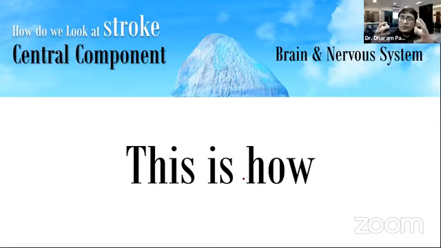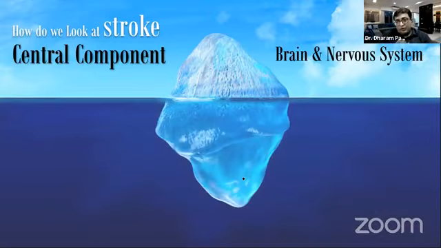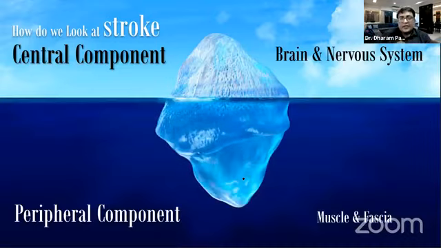Yes, of course, it is right that stroke causes damage to your brain, and it is called a brain stroke. But that is the central component. We are always talking about the central component, but actually the problem lies beyond that. There are muscle, fascia, soft tissue, and the peripheral component.